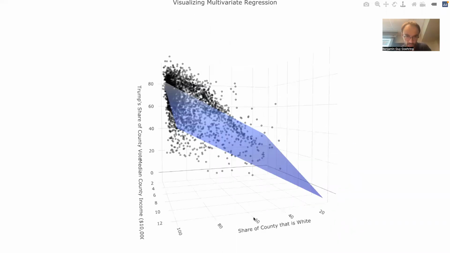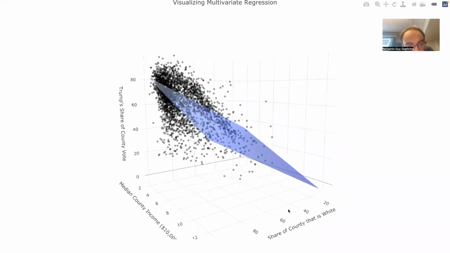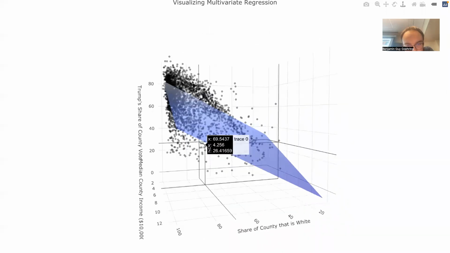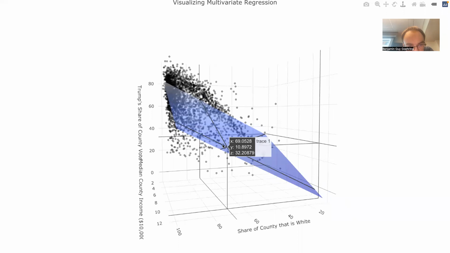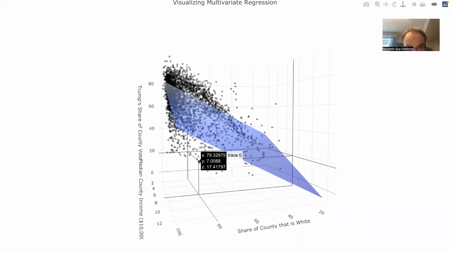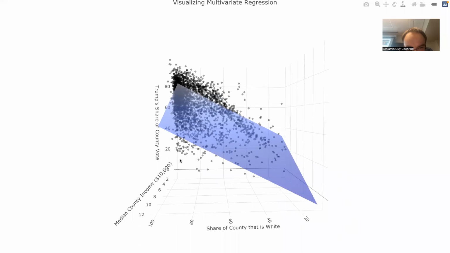I'm trying to find a good angle to visualize that. You see that the average is decreasing. This is sloped down like this.